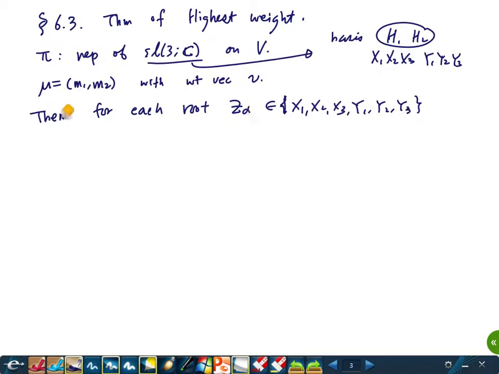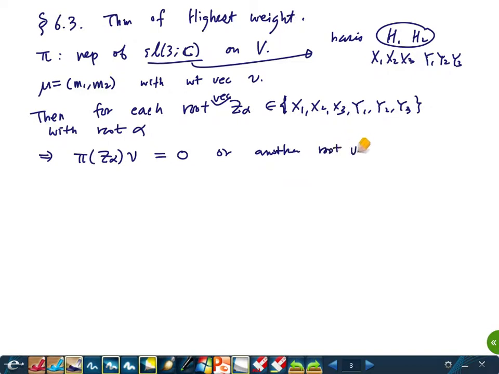So for each root vector with root alpha, we know that pi of, if you apply this root vector to the weight vector V, then this is either 0 or another weight vector with weight mu plus alpha. Okay? Do you remember? We learned this last time.